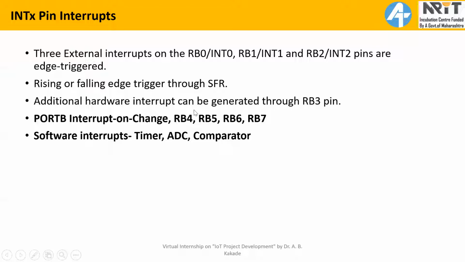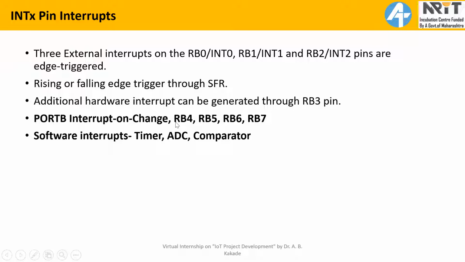An additional hardware interrupt can be generated through the RB3 pin. In most of my products, I am using 4 keys. The RB3 pin is multiplexed with the CCP2 module. So when we enable the interrupt of the CCP2 module, it is possible to have one more hardware interrupt on the RB3 pin. Then there is another type of interrupt called PORTB interrupt on change.